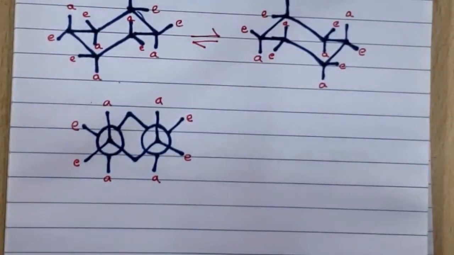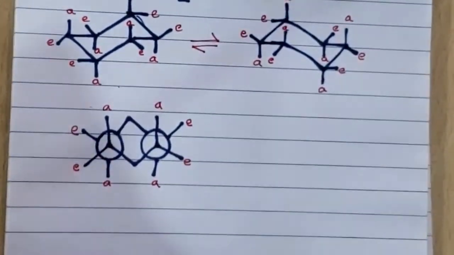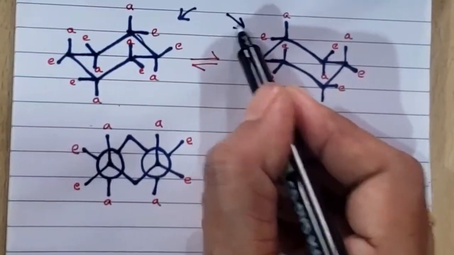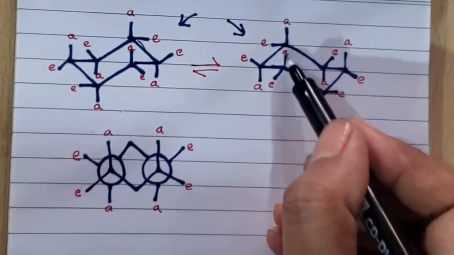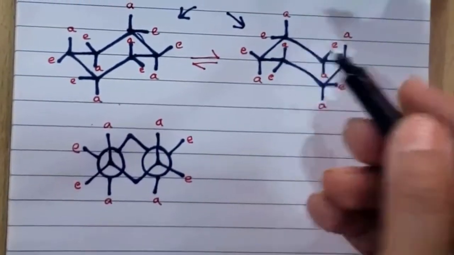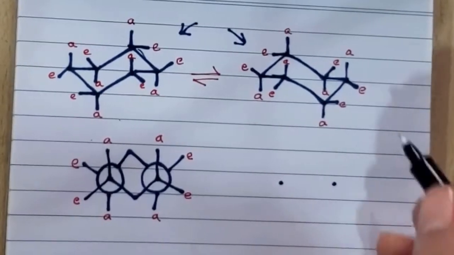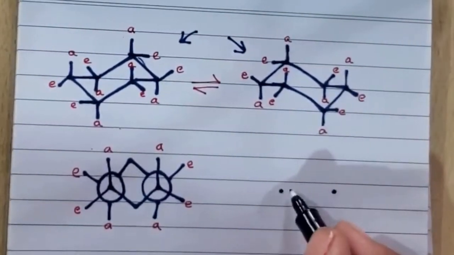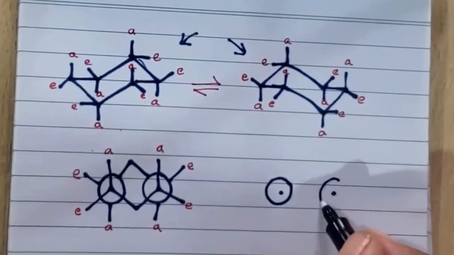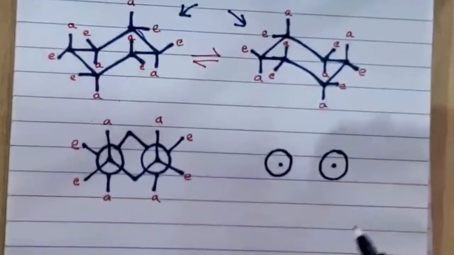Similarly, if the same viewer is watching this structure from this direction, these two will be the front carbon atoms according to him. So these two are drawn by simple dots. These two will be the back carbon atoms, which are drawn as a circle around these points.